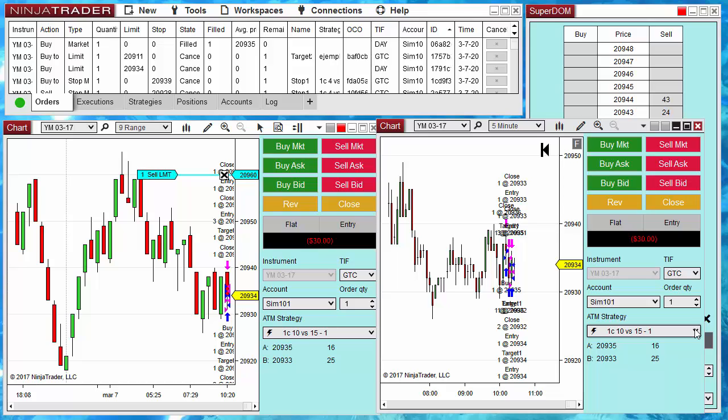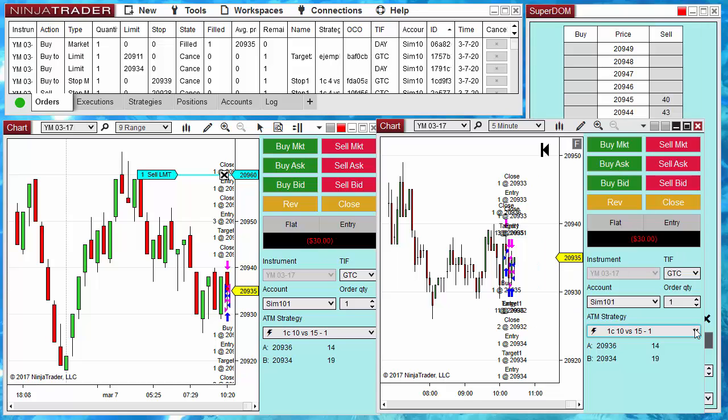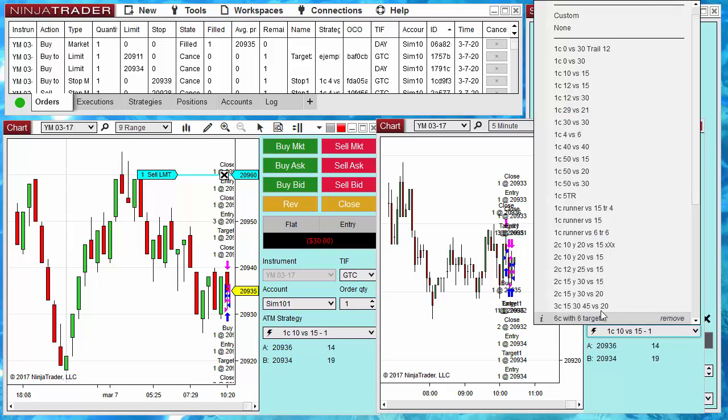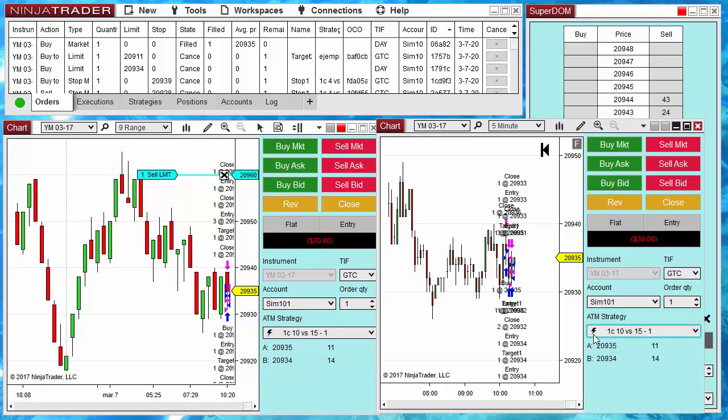This is the configuration by default on NinjaTrader. But when we select the ATM, we can see all our ATMs and also all the ATMs in working state. When we see this signal, that means that this is a working ATM.